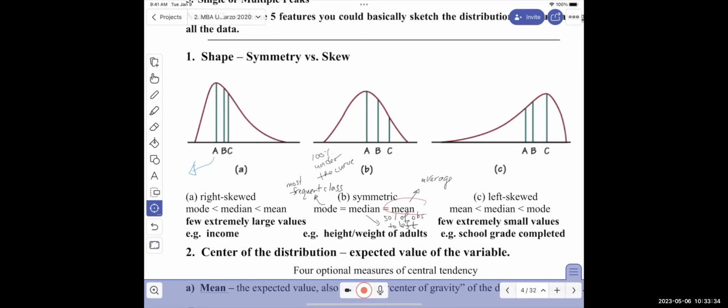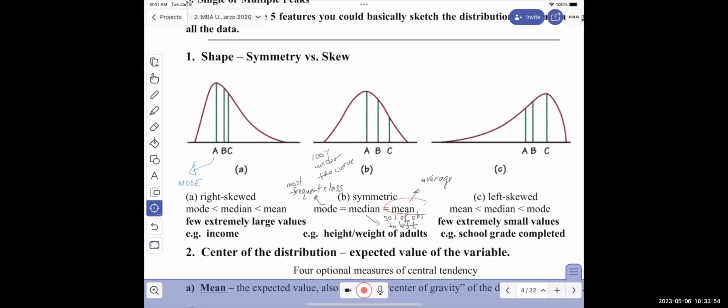The mean, the median, and the mode are not exactly in the same place. They get split up. You can clearly see the mode here, that's for sure. But it's unclear where the mean and median are, though there are some general rules.